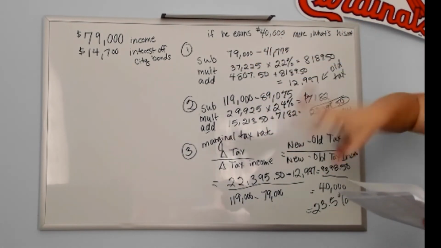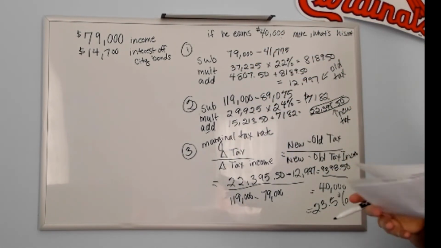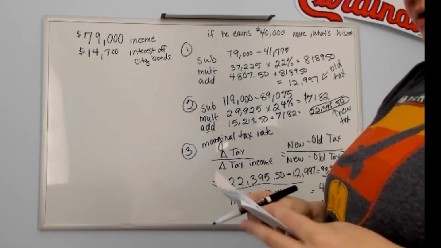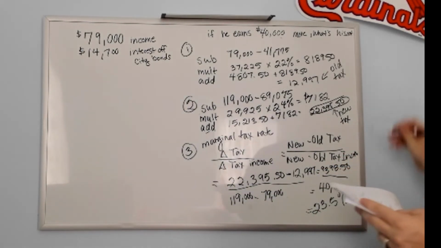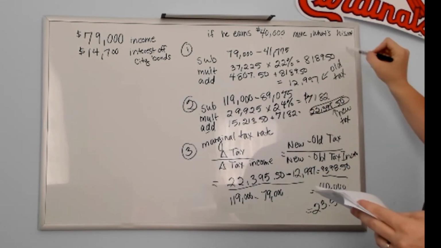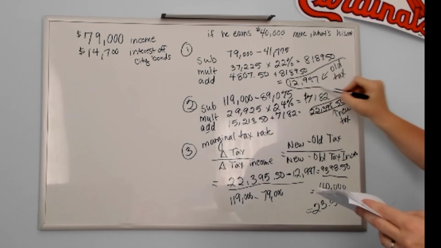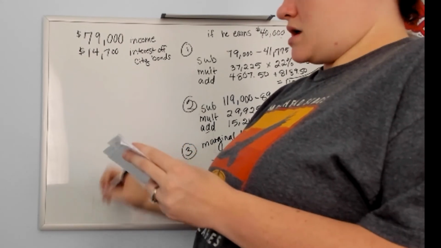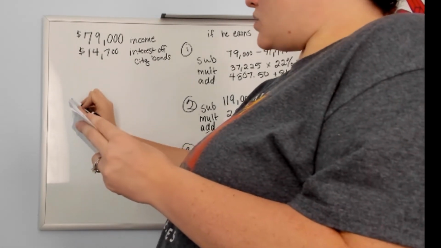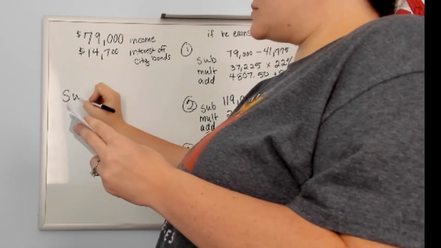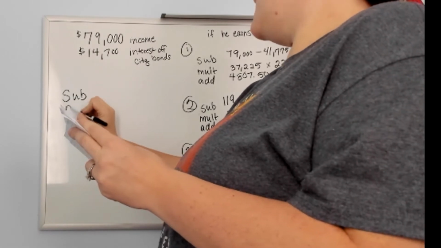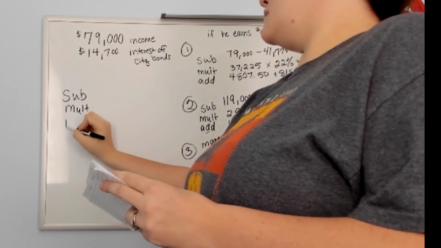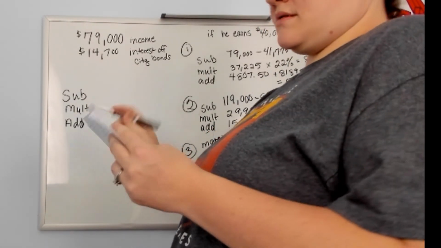So instead of getting more income, if you actually ended up with some deductions and got $40,000 in deductions. We're going to keep this portion here because we've already found that, right? But then we're going to come over and you're still going to do that whole subtract, multiply, add, right?